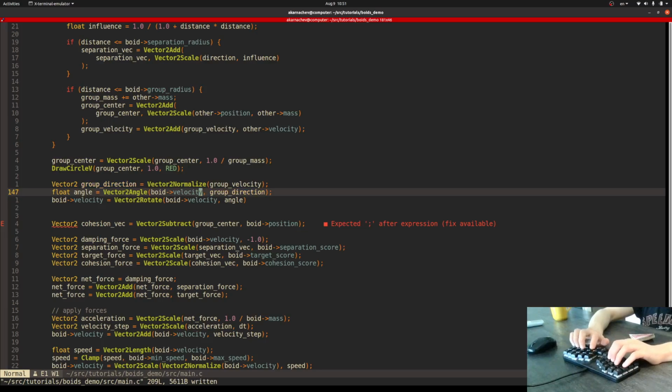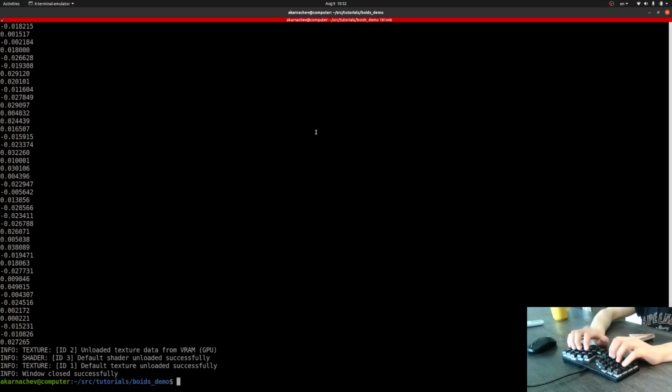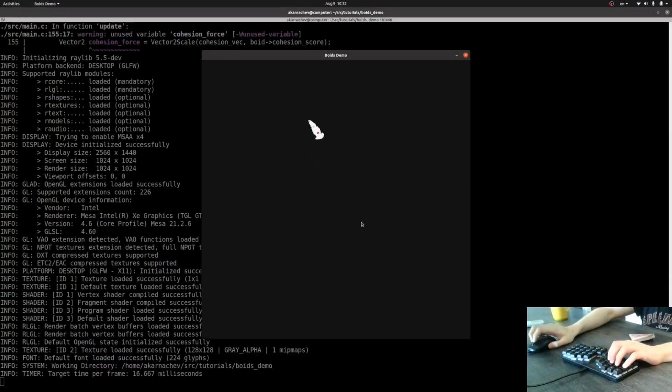So I obtain the angle between the velocity and group direction, and then I rotate the velocity towards this direction. Okay, and this is our velocity. Oh, let's try to compile this stuff. Well, yes, absolutely yes.